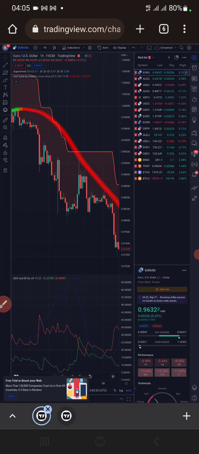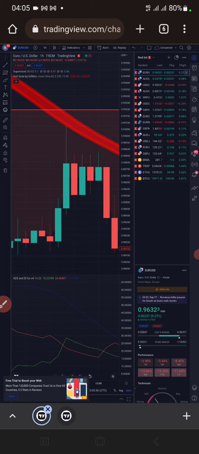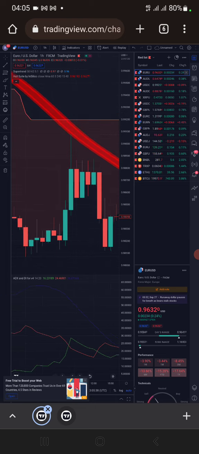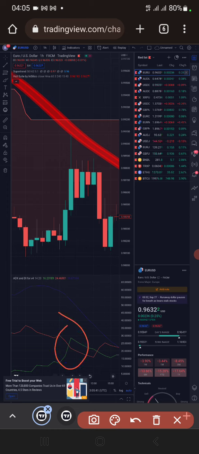And when the green line crosses the red line upward, it means there's a potential uptrend, or let's say there's a potential bull market. And when it crosses it downward, it means there's a potential bear market.